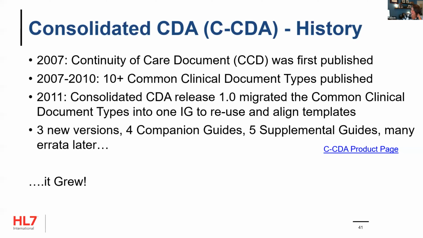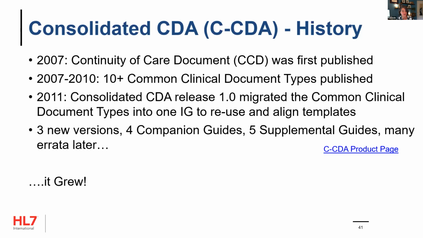Consolidated CDA has been around for quite some time. Originally, in 2007, an implementation guide called the Continuity of Care Document, or CCD, was first published independently outside of C-CDA.